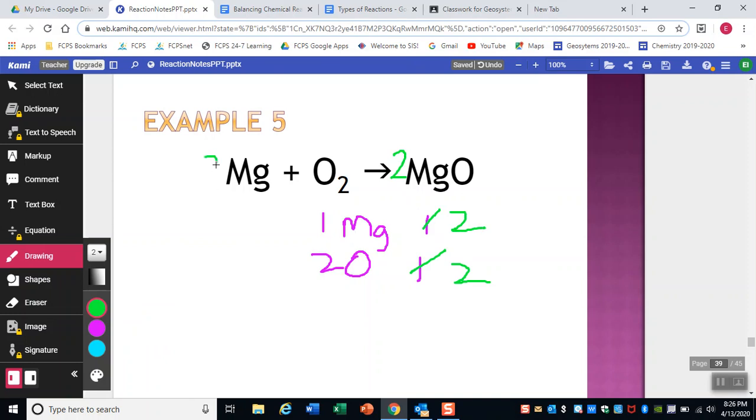So I need to come over here and double my magnesium over here. Now I've got to check. All right, so I've got 2 magnesium, check. 2 oxygen, check. All right, so my coefficients would be 2, 1, and 2.